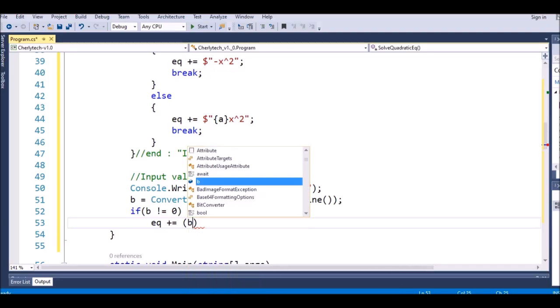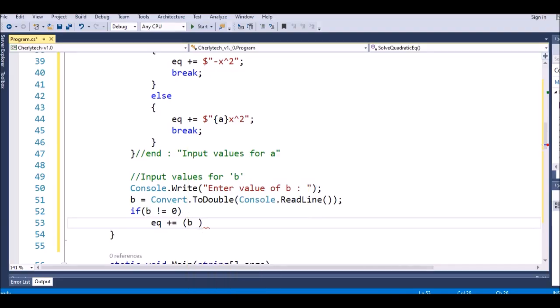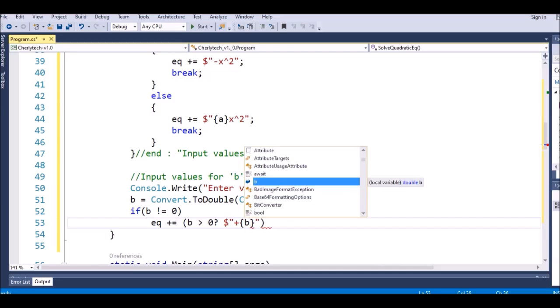So if B is greater than 0, we ask it to work like this, then it will be plus B, like this.